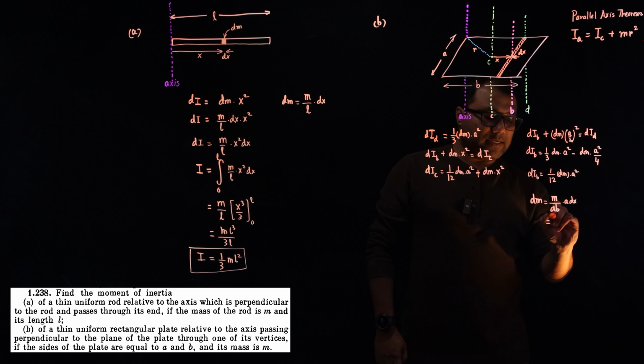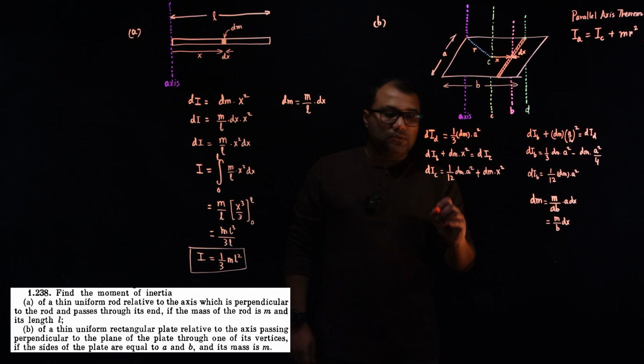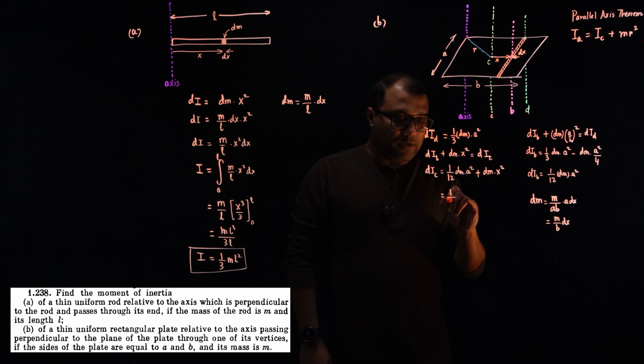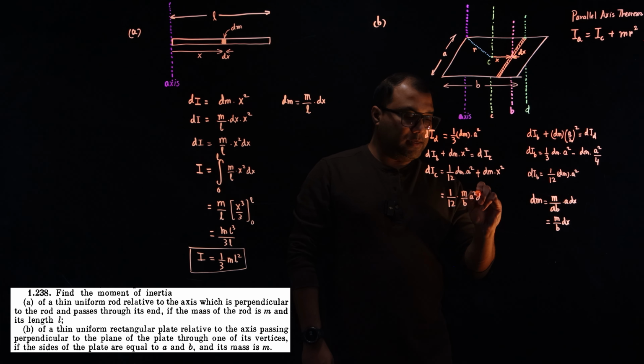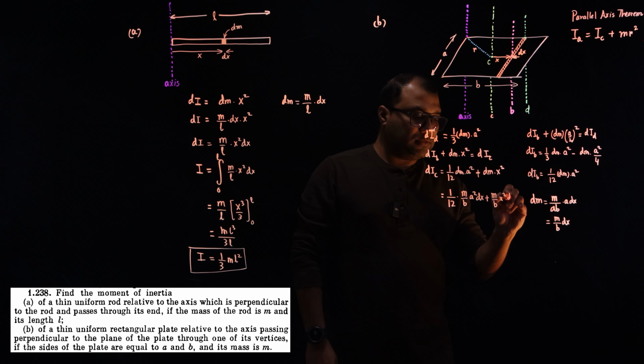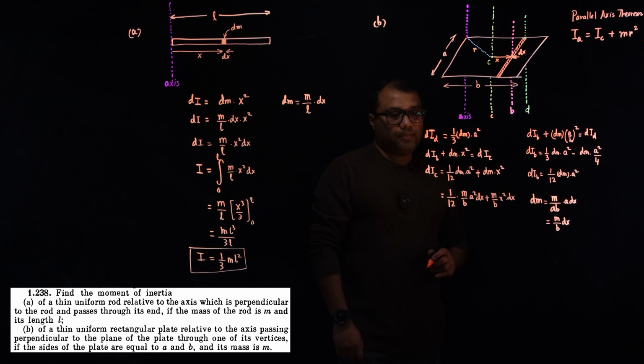So A, A gets cancelled, so this becomes m by b dx. So dI_C we can write as 1 by 12 m by b a square dx plus m by b x square dx.